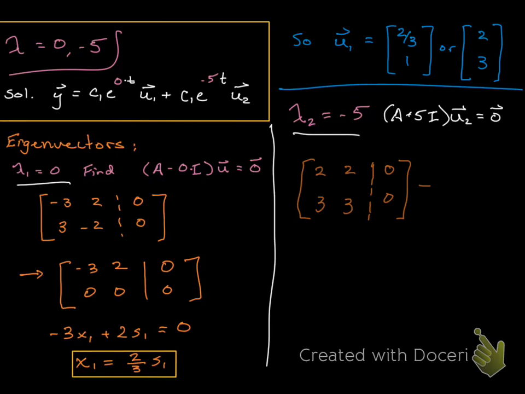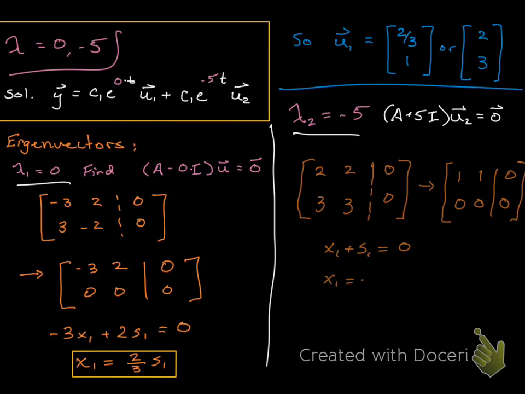Right? So again, the second row is a multiple of the first. I can convert the first row to 1, 1, 0. The second row I can then eliminate and make 0, 0, 0. Okay, so just reducing here, going through it rather quick. What I get then is that x1 plus s1 is 0.